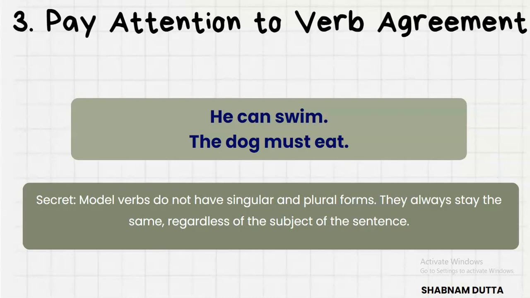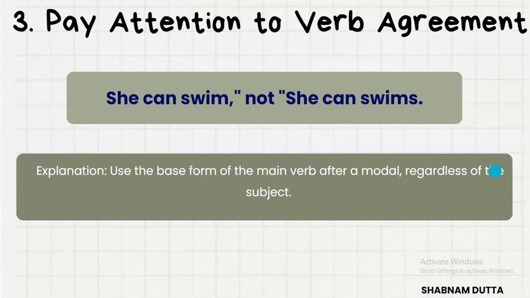So, it will be wrong to say or write he cans swim or the dog musts eat. It should be he can swim and the dog must eat. Also, use the base form of main verb after a modal, regardless of the subject. For example, she can swim, not she can swims.